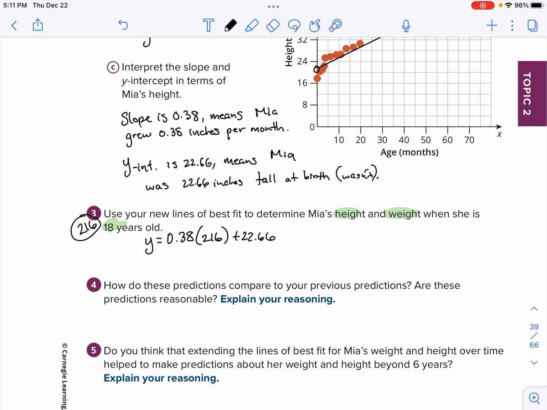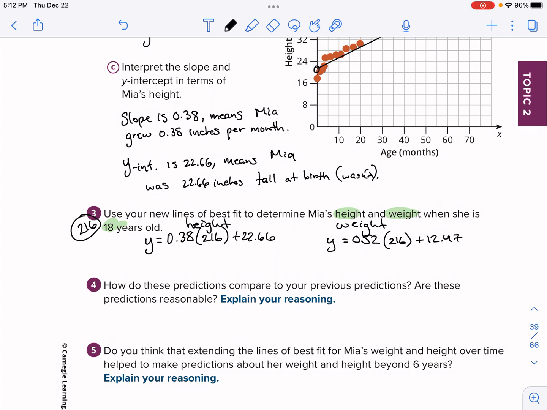That is in terms of height. And we'll put weight over here. The other equation, in case you forgot, was y equal to 5.52 times the same number, 216, plus 12.47.